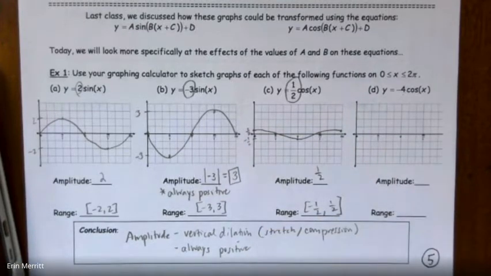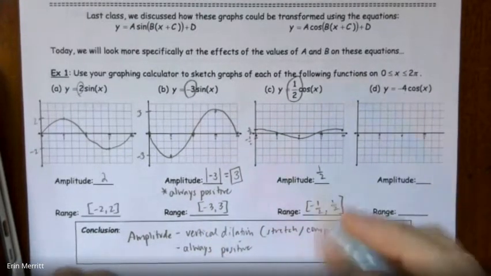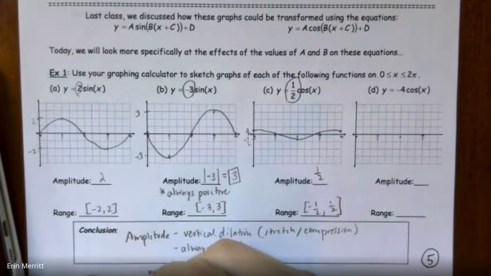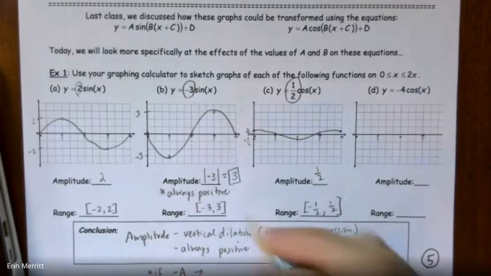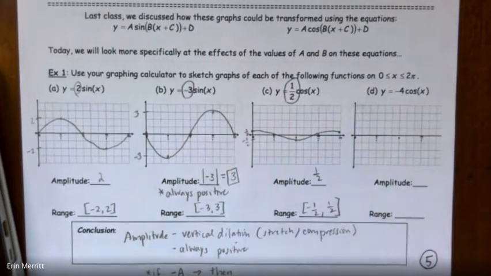So what that means for us is if you have a -a, then there's also a reflection. And what the reflection would be is over the x-axis itself.